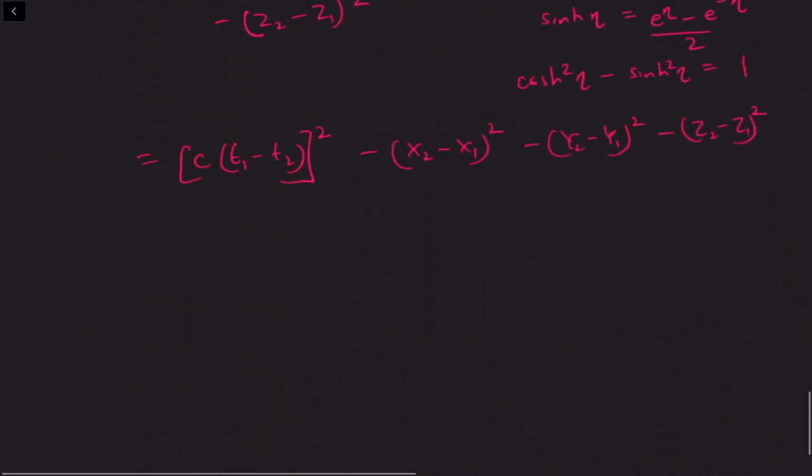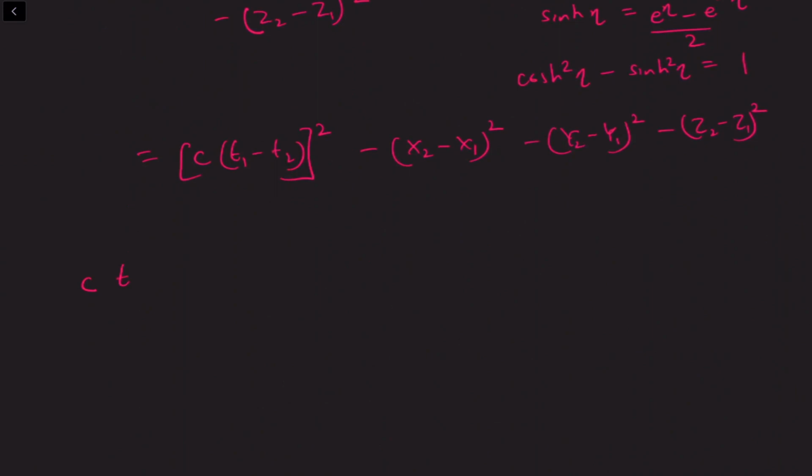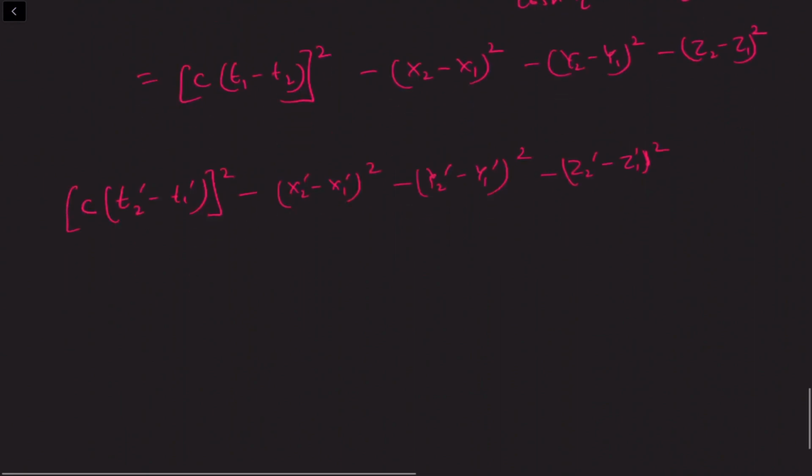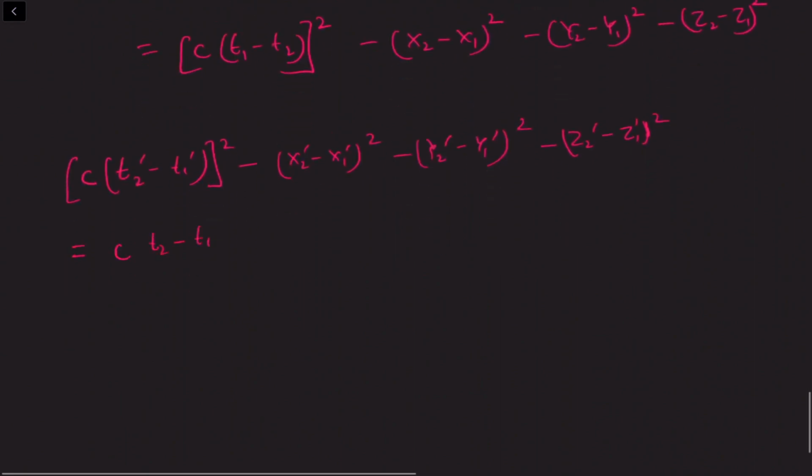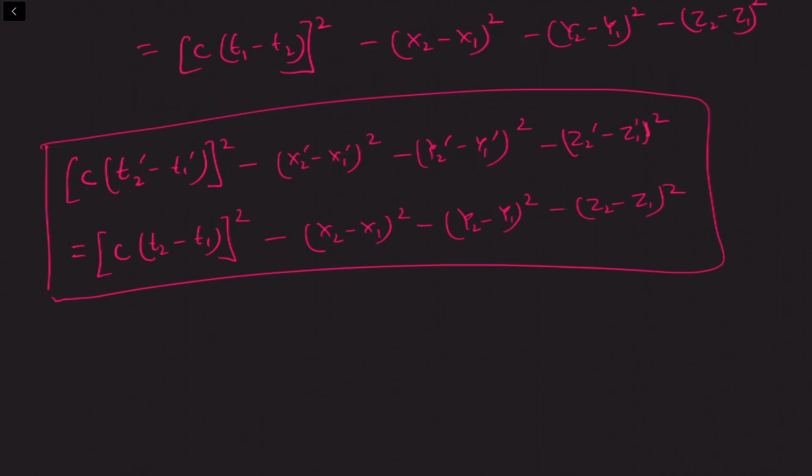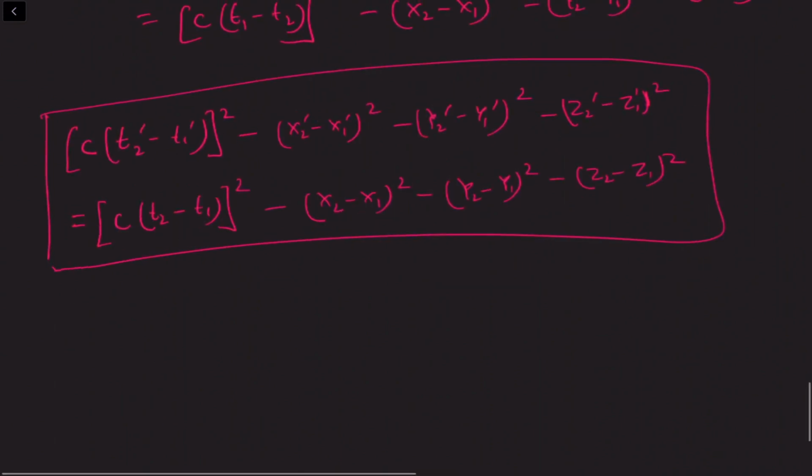The quantity that we started with, which is c times (t2 prime minus t1 prime) whole square minus (x2 prime minus x1 prime) whole square minus (y2 prime minus y1 prime) whole square minus (z2 prime minus z1 prime) whole square, is the same as the same quantity, but expressed using the coordinates in frame S.